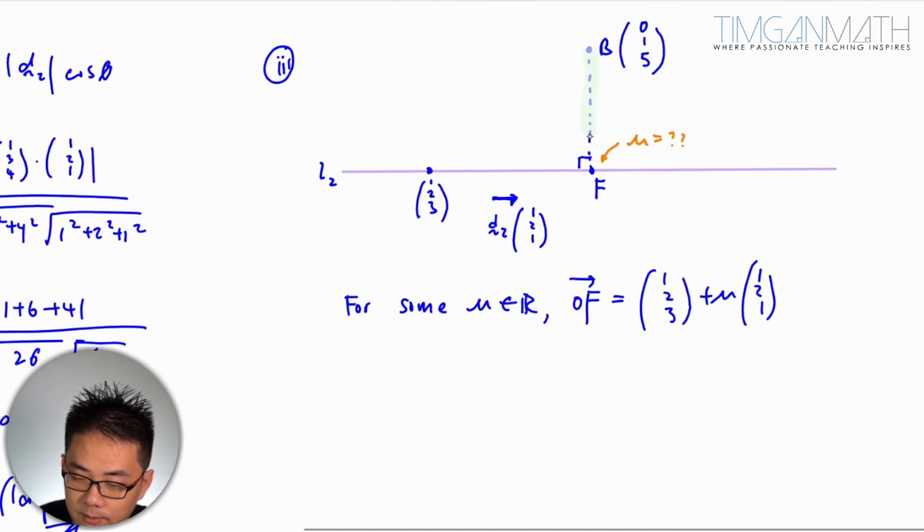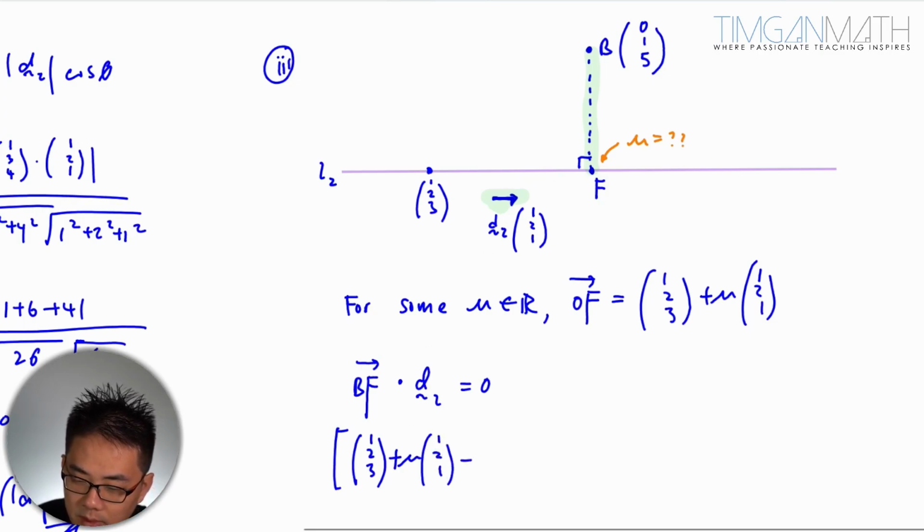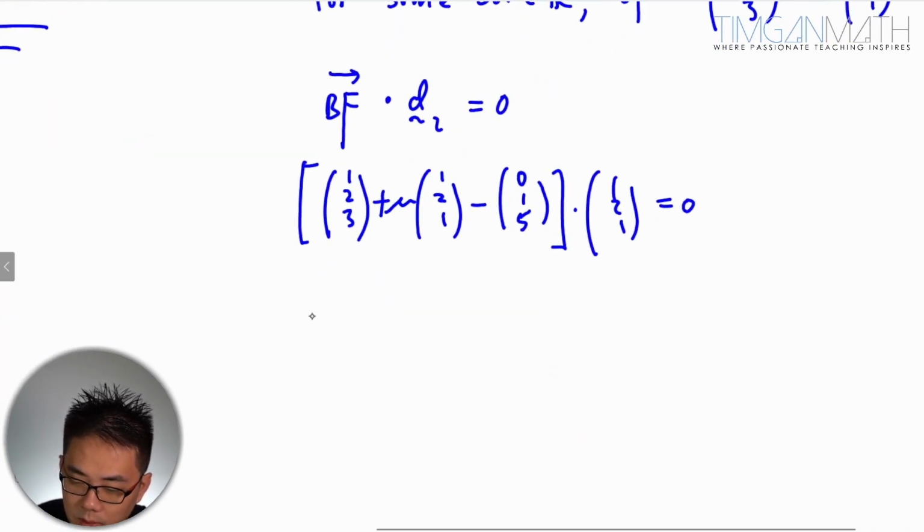So I know BF and D2 are perpendicular. So BF dot D2 equals 0. BF would be OF minus OB. D2 will be 1, 2, 1, equals to 0. So just dot them.